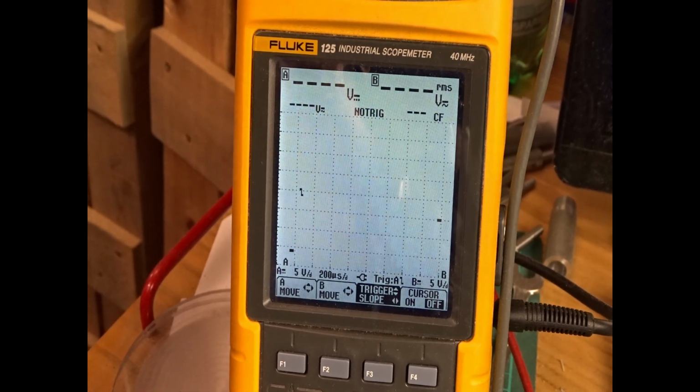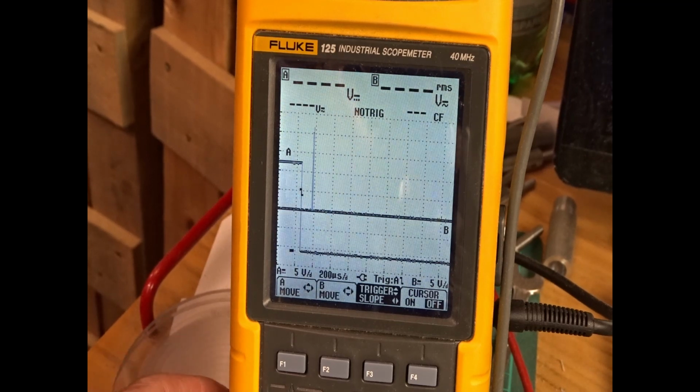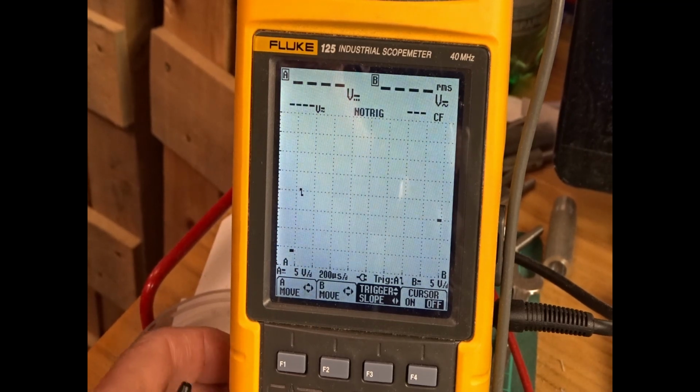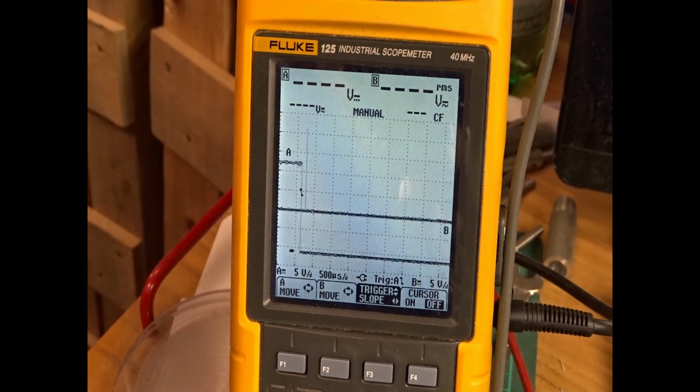That's 200 microseconds per division. So I'm still getting the 120. If I, let me see, 500 microseconds per division. Let's have a look. Okay.